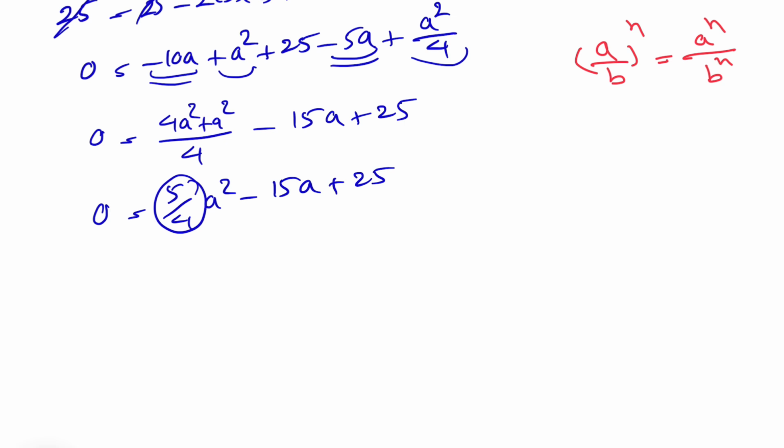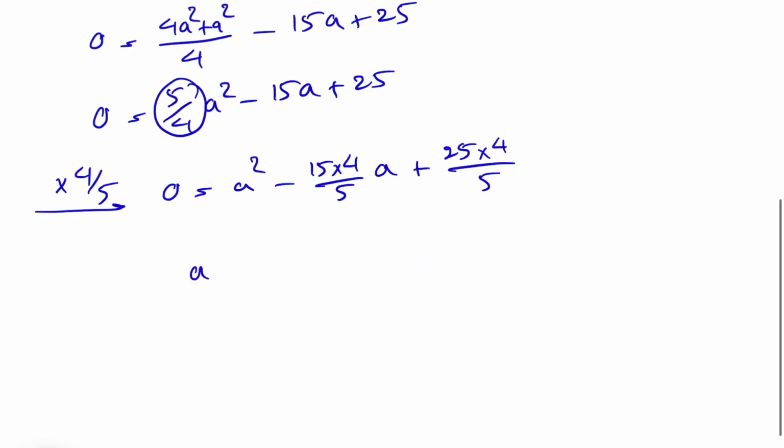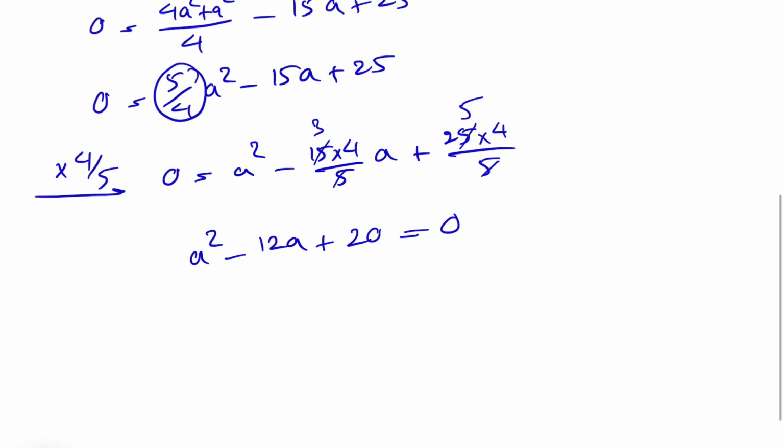So in order to get rid of this 5 over 4, we're going to multiply it by 4 over 5. So 0 will be equal to a squared minus 15 times 4 over 5 a plus 25 times 4 divided by 5. So basically we have a squared minus 3 times 4, 12a, plus 5 times 4, 20, is equal to 0.